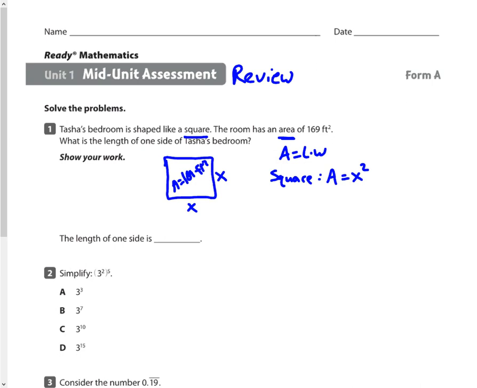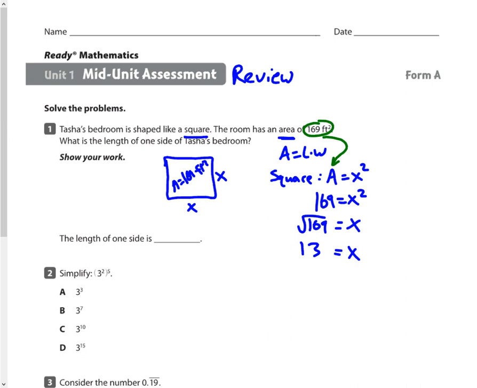Now in this problem, we know that the area is 169, so we can plug it in for the a. And we have 169 equals x squared. Now we learned if you have x squared, we can do the inverse to figure out what x is, and the inverse of squaring something is the square root. So x would be equal to the square root of 169, and the square root of 169 is 13.